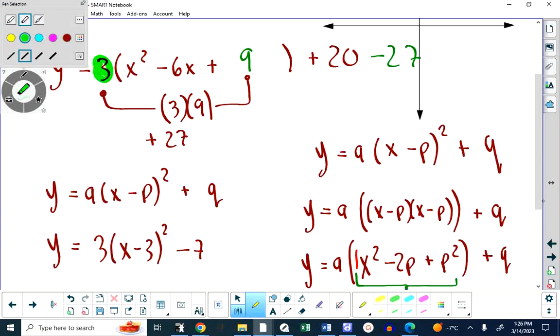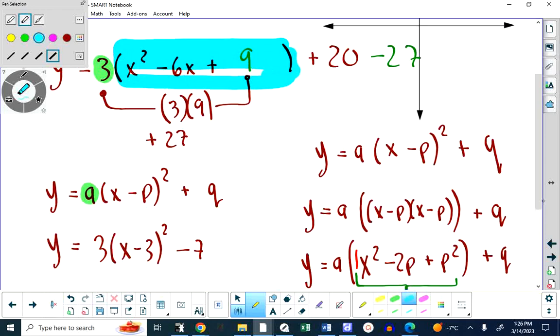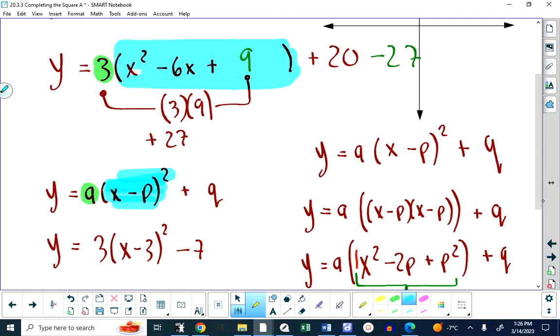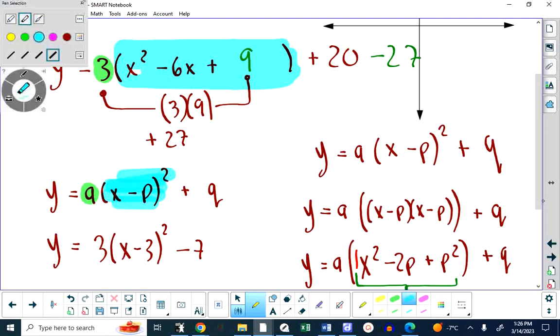The 3 is the a. The x squared minus 6x plus 9 is the x minus p squared, just in factored form. And the 20 minus the 27 is the q.